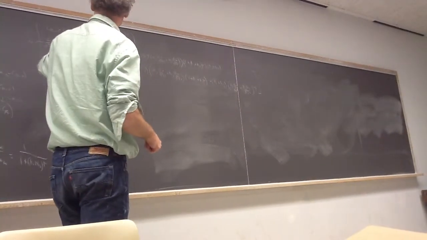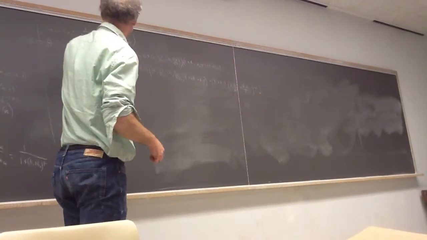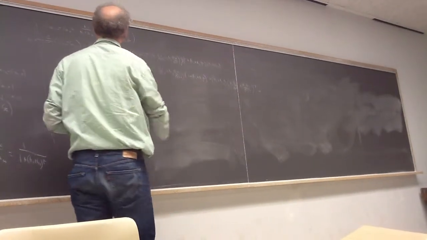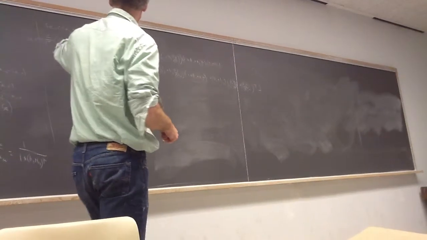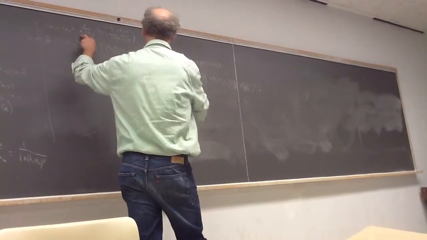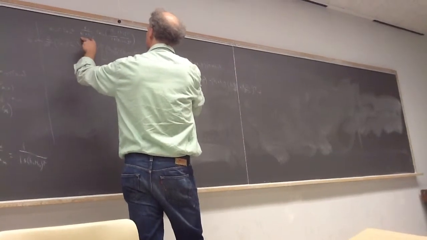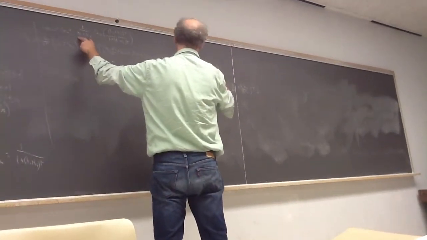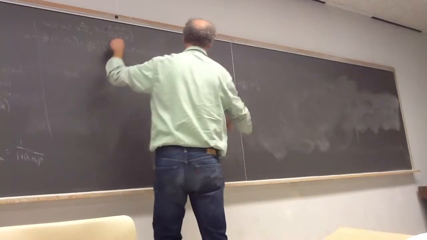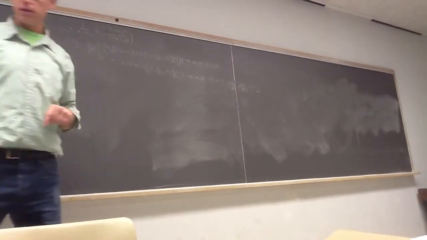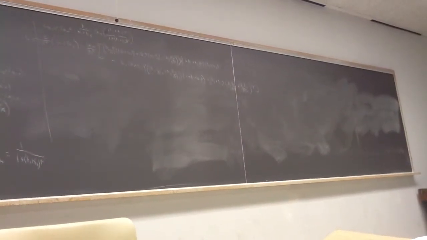Plus minus F G prime. F times G prime. So F times this plus this plus... okay. And I don't remember it being this complicated.